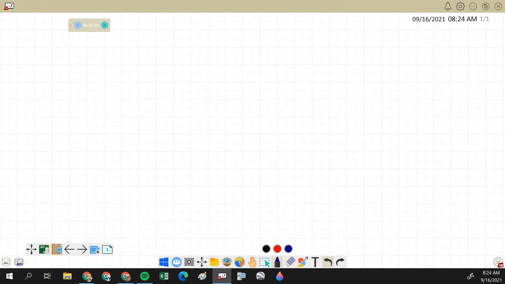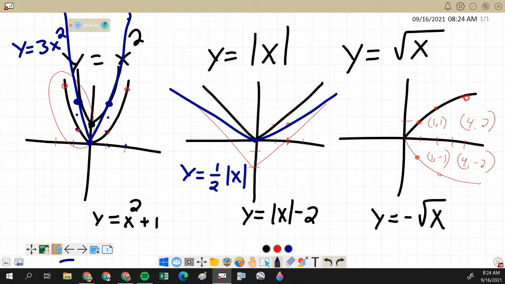What about, well, actually, let's not do that yet. What about y equals x minus 1 squared? Now notice, there's a difference here. One of them happens outside and one of them happens inside.